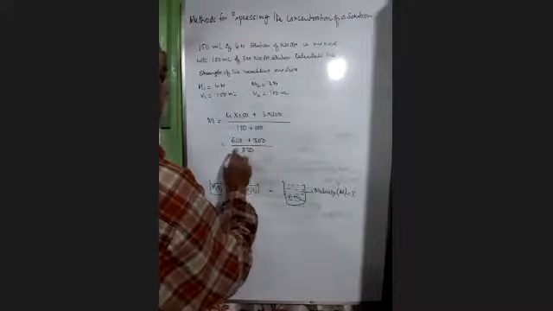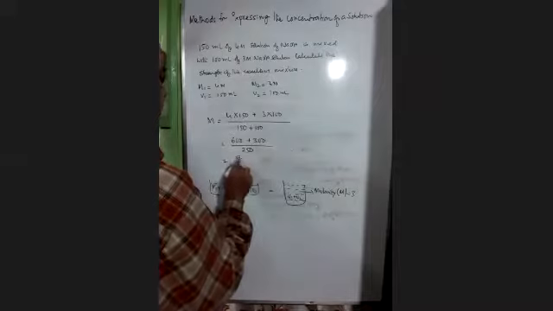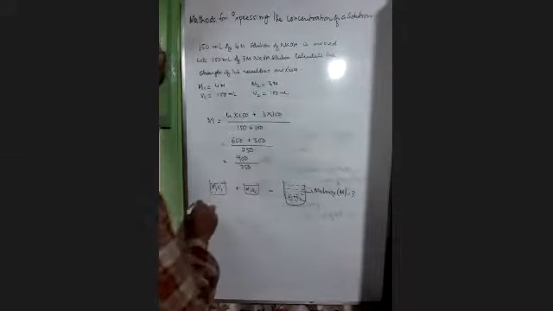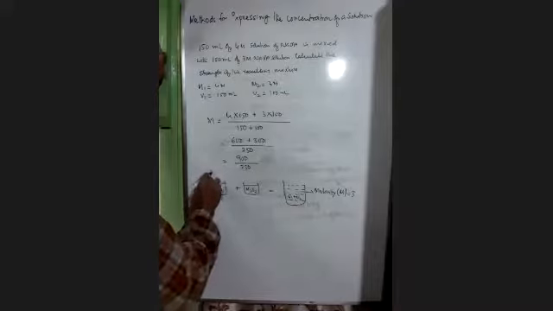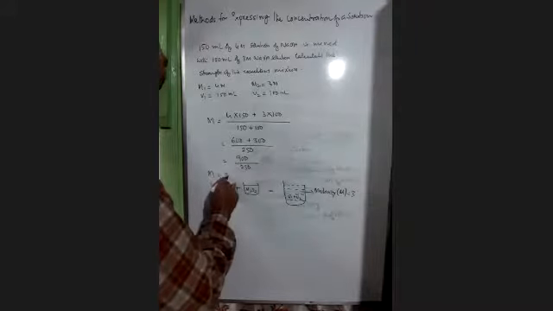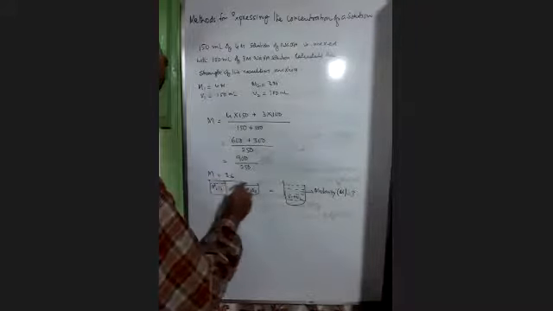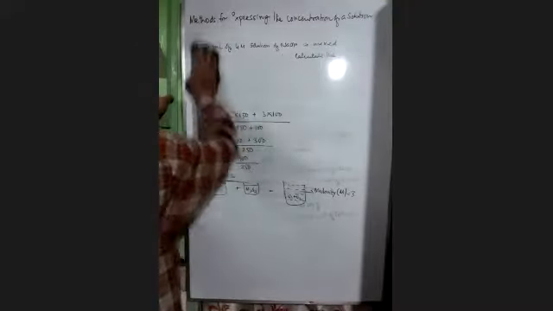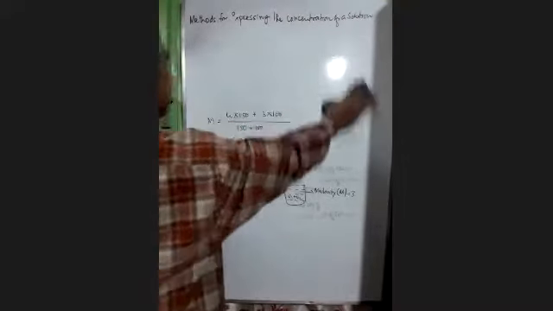Okay, so it comes to 900 by 250. So how much does it come? 3.6. Okay. Your textbook is useless. I think I can write better than that textbook.